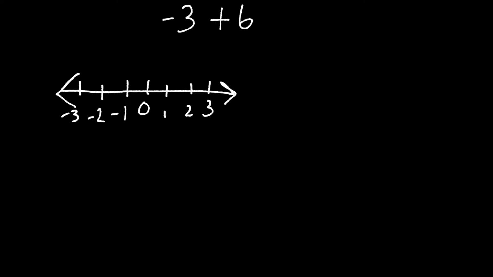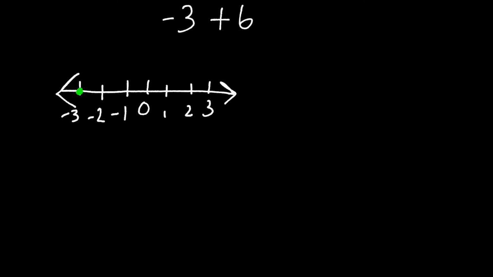The first way I'm going to show you on how to add or subtract real numbers is using a number line. With a number line, there's a couple things we need to make sure that we are paying attention to. One, we need to make sure we know where we're starting. And here we're starting at negative 3. So I'm going to put a dot at negative 3. The second thing we need to pay attention to is whether or not we are adding or subtracting.